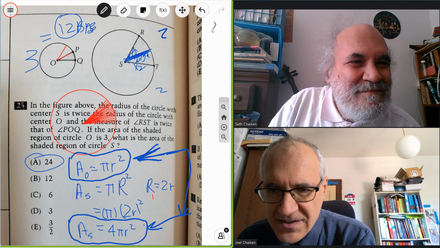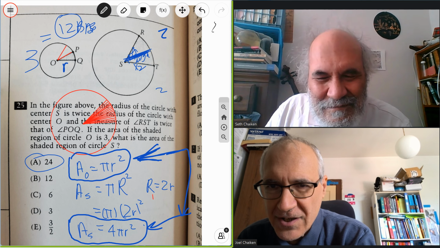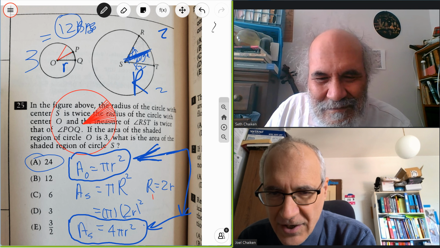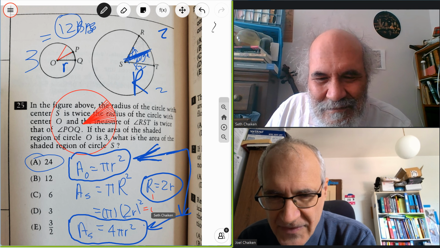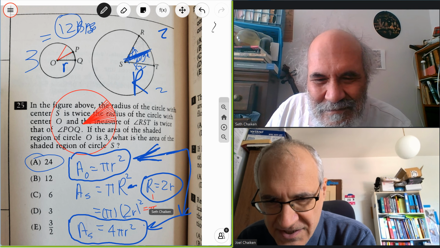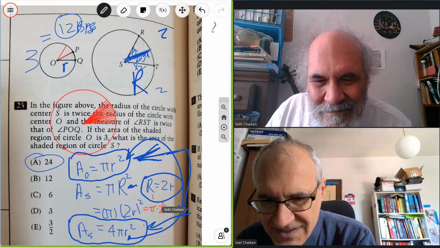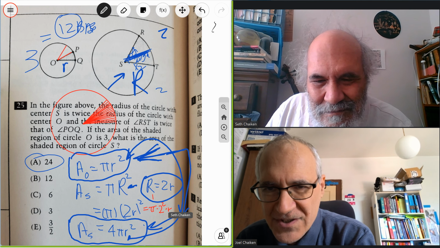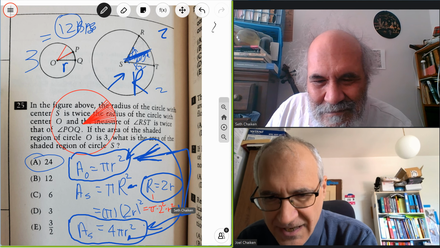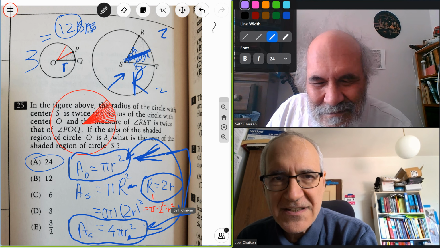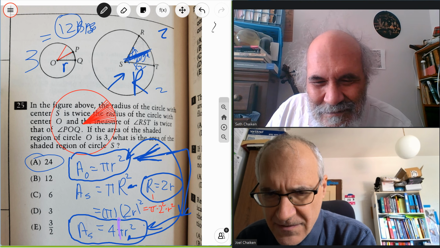You make a little r here and a big R here. Big R is twice little r. So if you substitute big R into this equation and square it, you get 4r squared. But this little r here is the same as this r here. So you can see that the area of circle S is 4 times this area, the area of little a0.